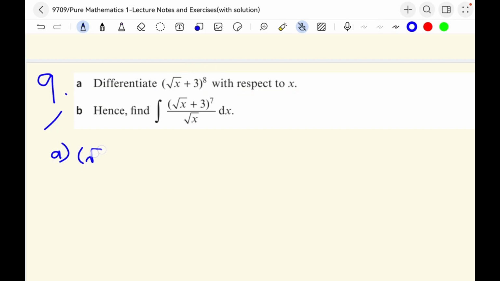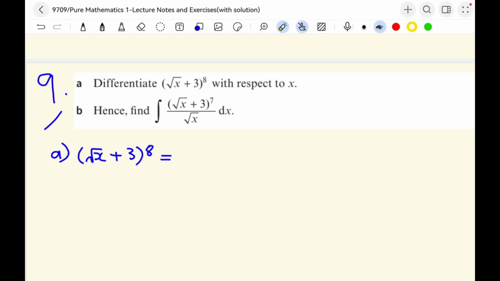So how are we going to differentiate the following functions? What you can see over here is the inside function with a bracket outside, and the entire function is raised to the power of 8. So what we can do here is use the chain rule. Here's the quick trick that you should learn.